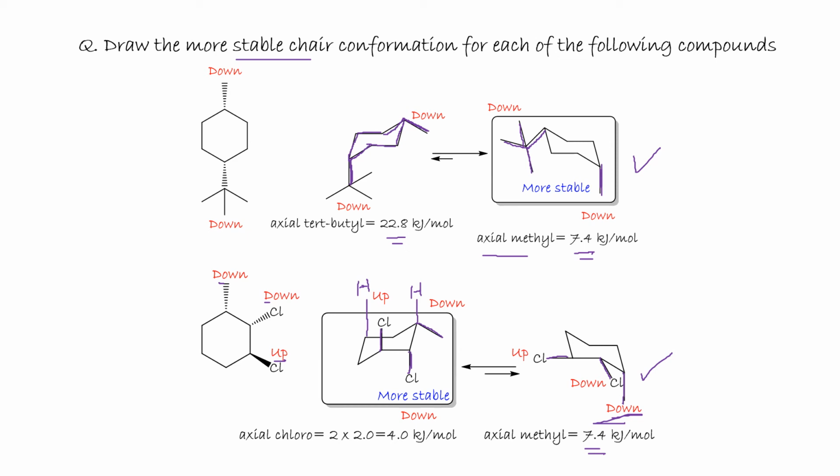And this Cl with these two hydrogens, that's another 2. So it's 2 times 2 is 4 kilojoule. Still, this is 4 and that's 4.7. So which one is more stable? This one will be more stable.